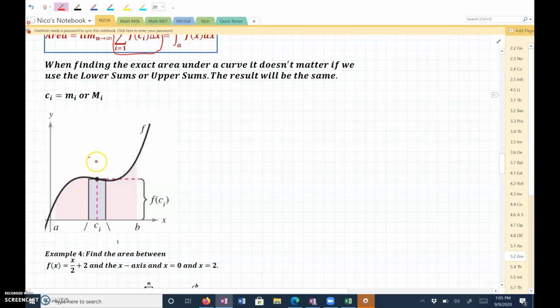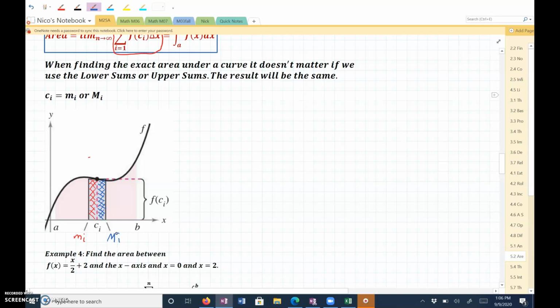So if I was finding the area underneath the curve, if I was picking the rectangle on this side of the point, this would be lower sum. It's underneath the curve. So this would be little m sub i. If I would pick the rectangle on this side, see how that little sliver is above? That would be upper sum. So that would be big M sub i.